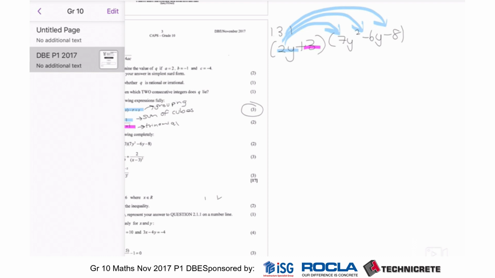Okay, so 2y times 7y squared is going to give me 14y cubed. 2y times negative 6y is going to be minus 12y squared. 2y times minus 8 is minus 16y.